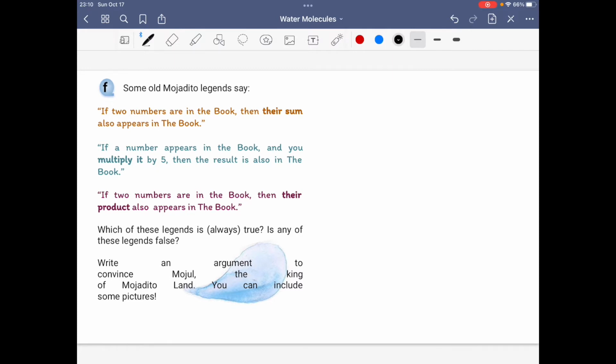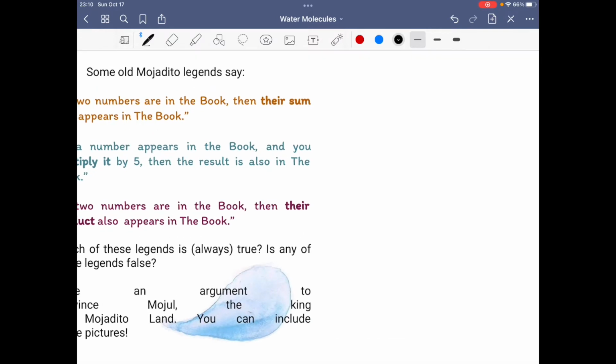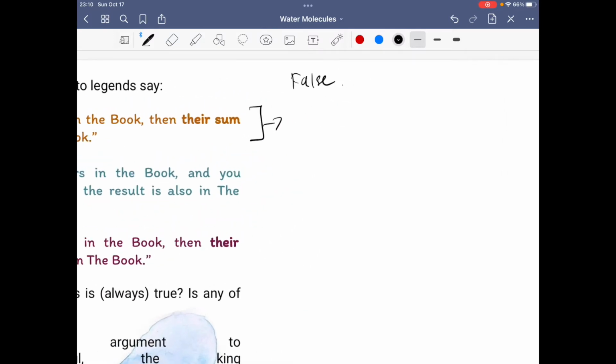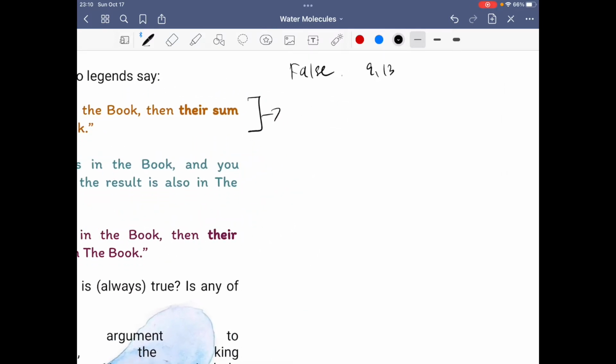So our first one, the two sums, this is false. The reason behind it is, let's just come up with some numbers that are in the book. So like 9, 13, 17, 21, okay? And if you add these, 9 plus 13 is 22, 9 plus 9 is 18, 17 plus 21 is 38. And what do you realize? That the output is even.